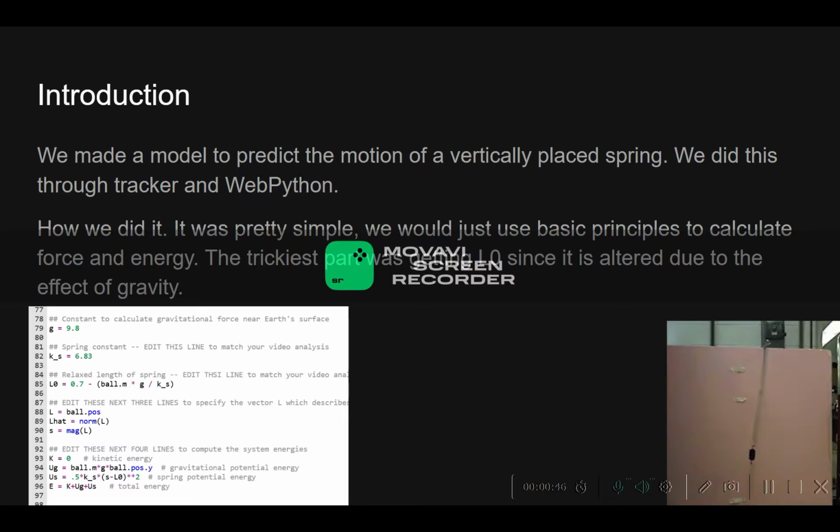So the hardest part of this was getting L0 because I had a long trouble with this.